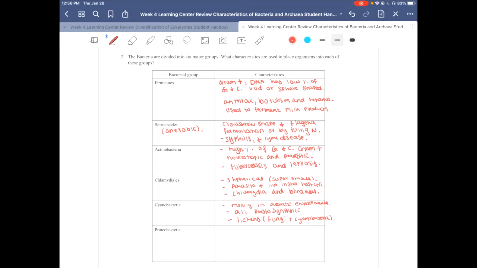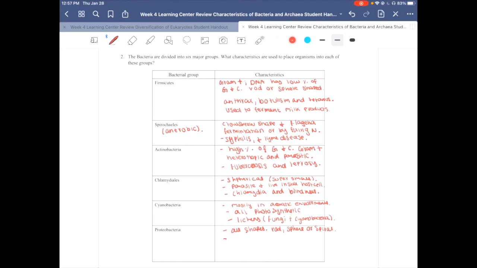And the last group is proteobacteria, and these have five major subgroups. They come in rod, sphere, or spiral shapes, so they come in all shapes. They have a wide metabolic diversity, and they're known to cause dysentery, cholera, gonorrhea, ulcers, just a lot of bad diseases.